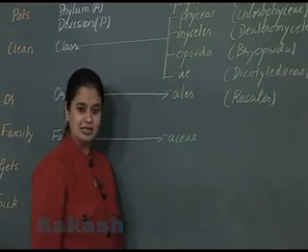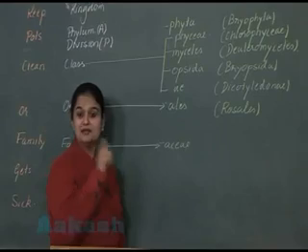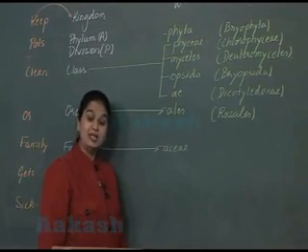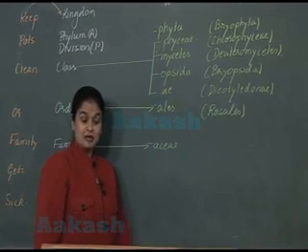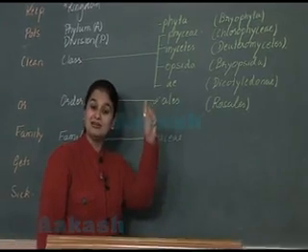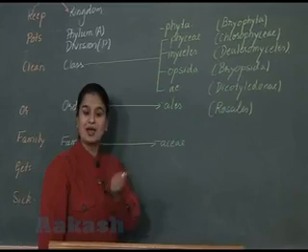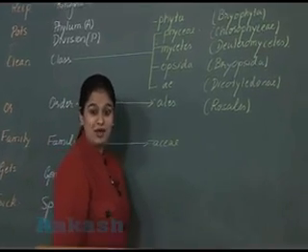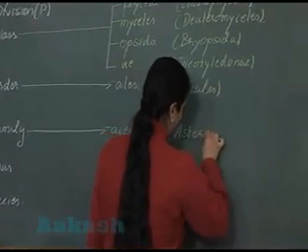Can you tell me the name of the sunflower family? It is Asteraceae. The name of the grass family is Poaceae. Sunflower family is the most advanced family in dicots, and Poaceae is the most advanced family in monocots. So let's write the name of the sunflower family. It is Asteraceae.